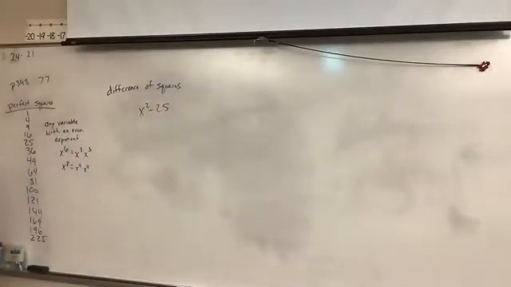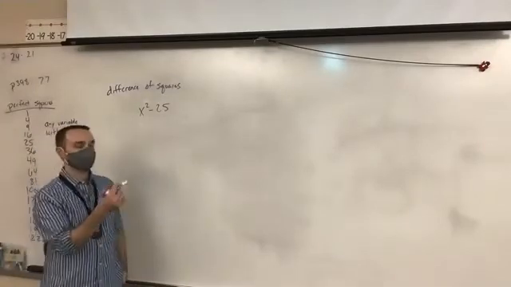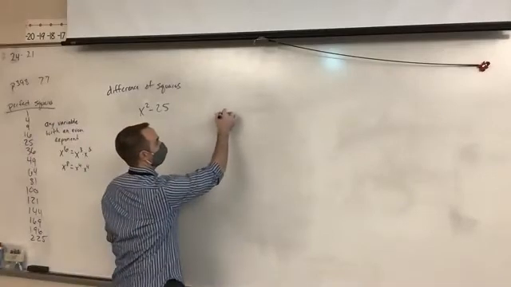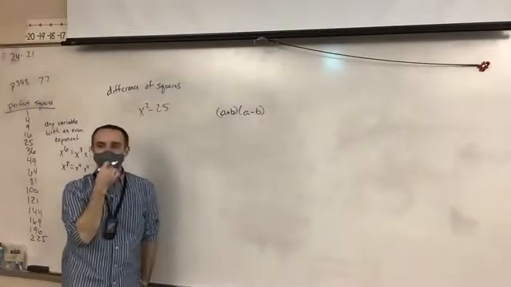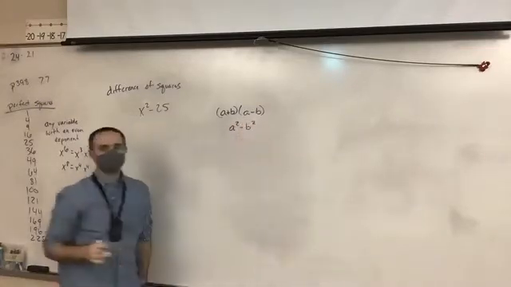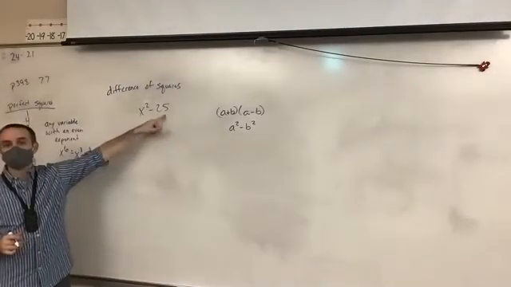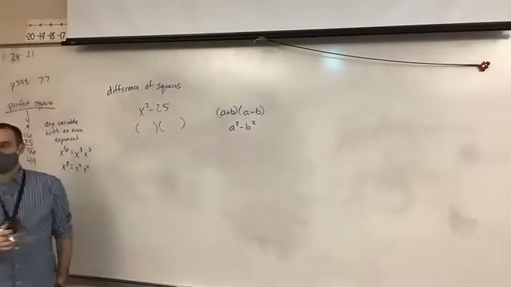This is just going backwards on that shortcut that we had back in 7.3, not the one that we saw in the warm-up, but the other one. If you recall, that one was if we had a plus b times a minus b, it just ended up being a squared minus b squared. Well, now I have a squared minus b squared, so I'm going to break it up into a plus b times a minus b.